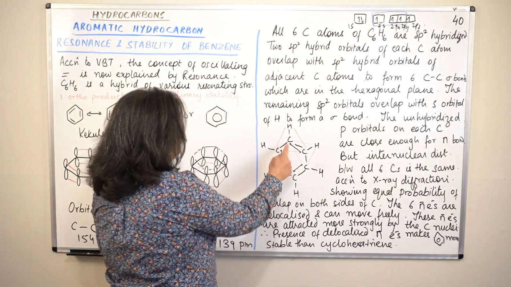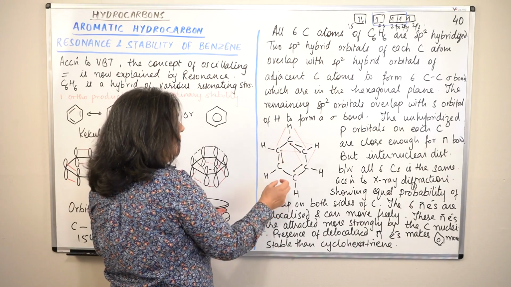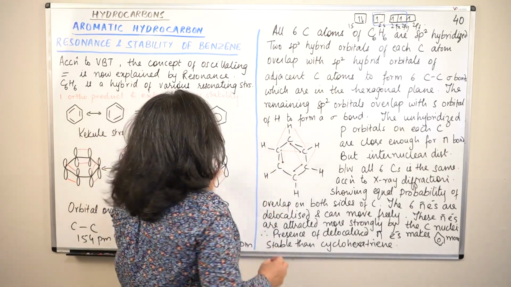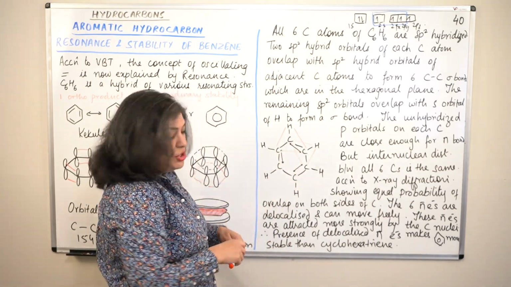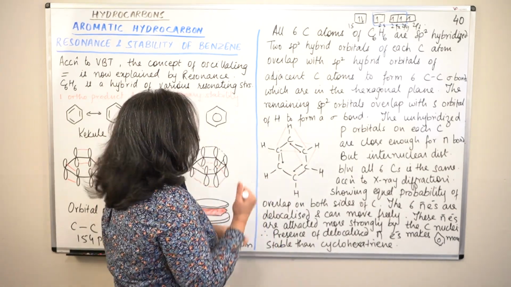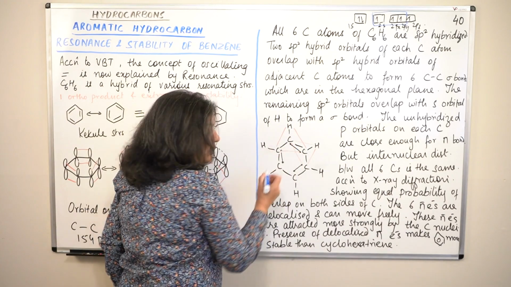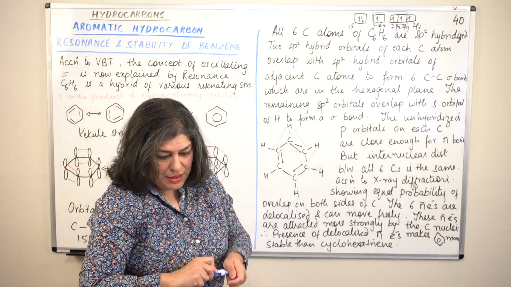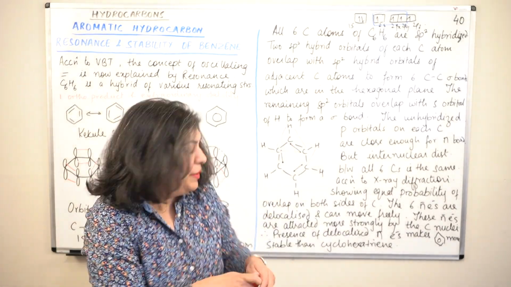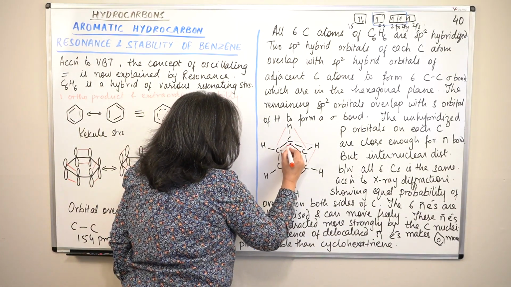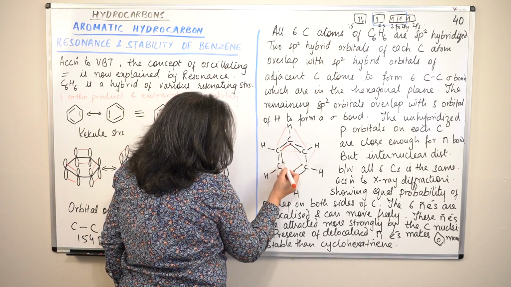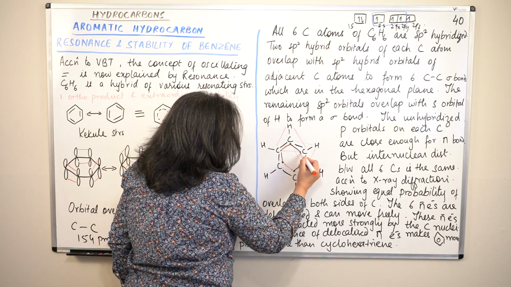If he had imagined that these two carbons form the double bond here, then the structure would have been the other Kekulé structure. You can imagine this to be either these three bonds, or you could imagine them to be these three bonds. So let me get red again. If these two carbons had formed the bond, you will get the other structure of benzene. These two, then these two, and these two.